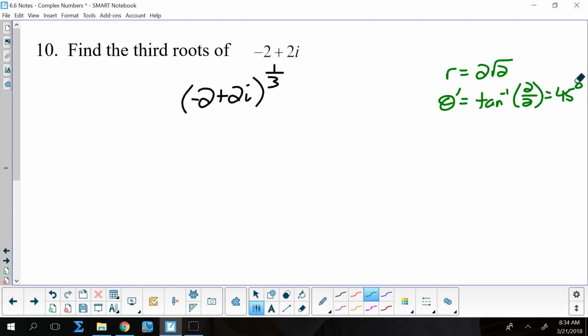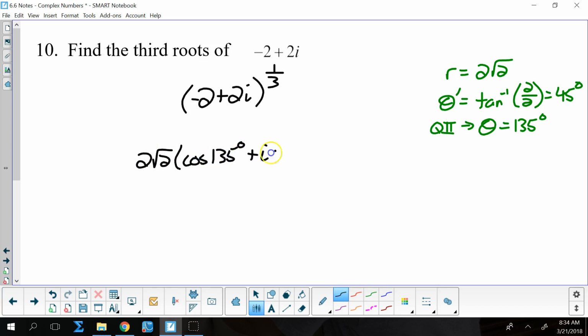But because I'm in quadrant 2, my actual theta is 135 degrees. So this really is 2 square roots of 2 times the cosine of 135 degrees plus i times the sine of 135 degrees, all to the 1/3 power.